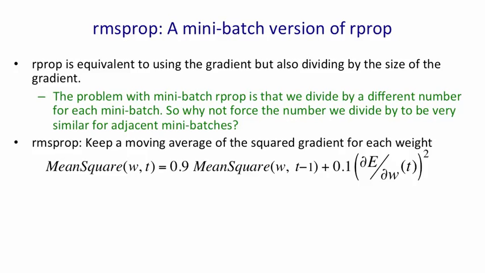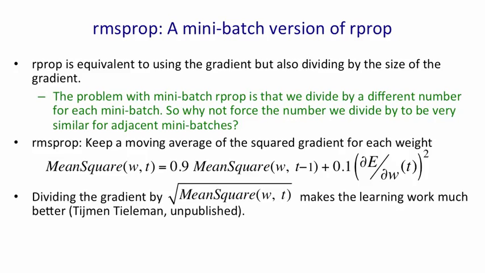So the mean square is the previous mean square times 0.9 plus the value of the squared gradient for that weight at time t times 0.1. We then take that mean square, we take its square root, which is why it has the name RMS, and then we divide the gradient by that RMS and make an update proportional to that.